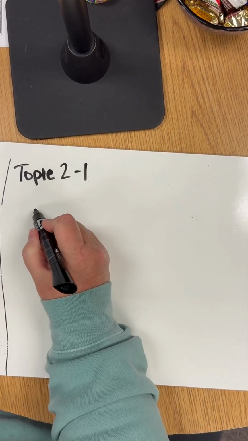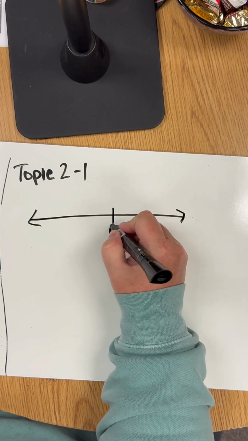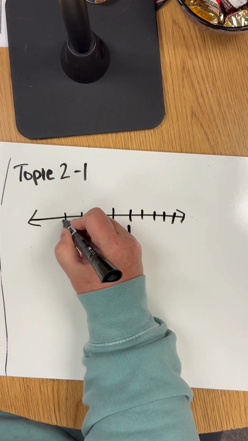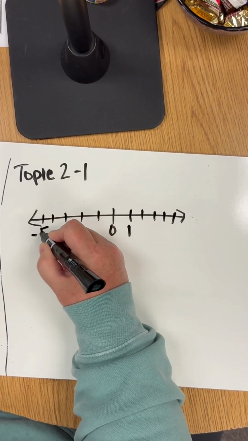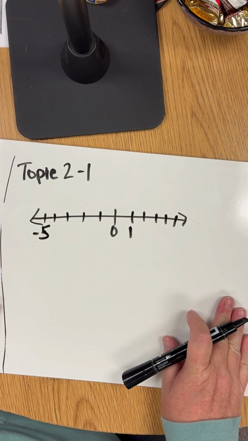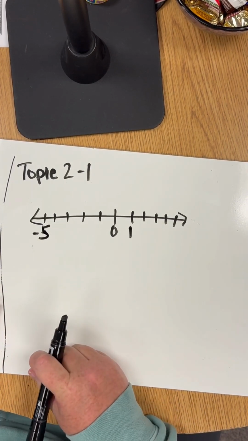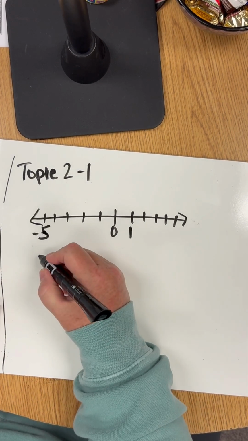So on this number line again, I might have that same 1, and this time I'm going to have a negative 5. How do I know that one of these is larger? Go ahead and write that down.